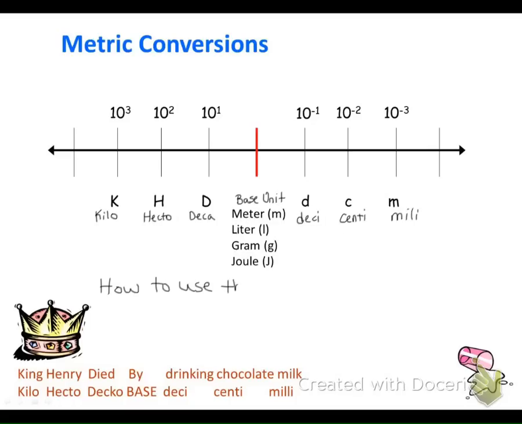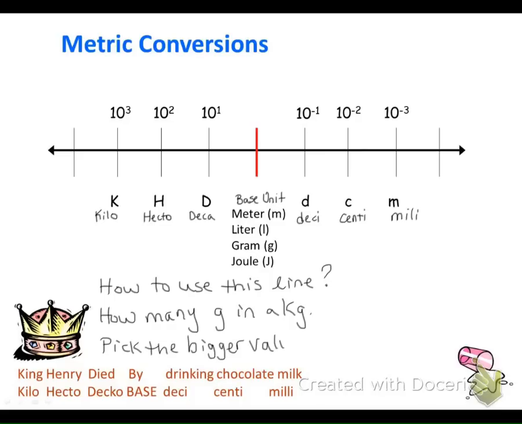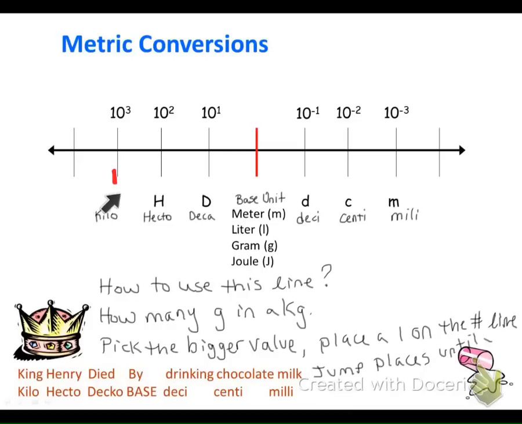So how do I use this number line to help me with our conversion units? The first thing that you want to do, let's say for example, I want to figure out how many grams are in kilograms. The first thing I want to do is figure out what's bigger, grams or kilograms. And I know, in this case, that kilograms are bigger, so I'm going to place a 1 on the number line. And then I'm going to jump over to where the gram is.